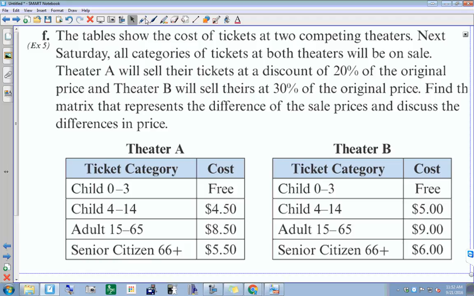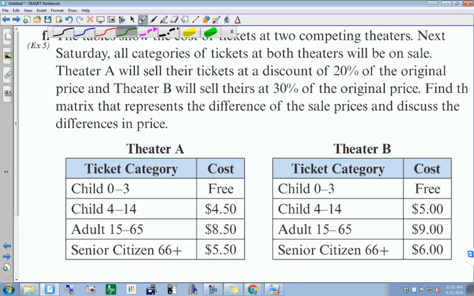So since it's supposed to be 80% of the price, can I multiply everything in here times 0.8? That makes sense. Because of means to multiply, so 80% of this, 80% of this, 80% of that. Does that make more sense to you? Because they're not charging full price, are they? Prices are going down.